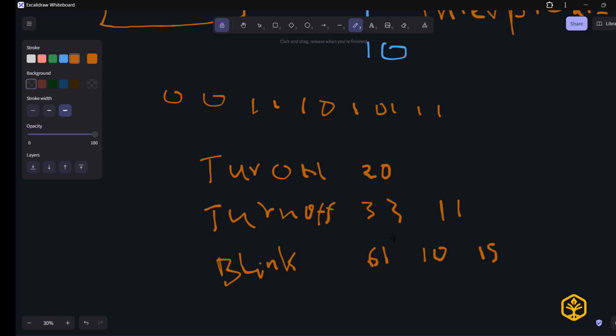That's quite easy and cool compared to writing these binary numbers. Then again, blink 61 and 10 and 11. That's quite interesting, right? So yes, this intermediate language was named assembly. Although this is not the true assembly, that's the idea. So it was named assembly language.